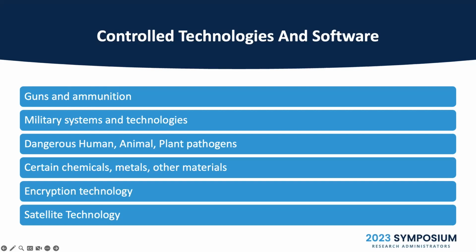So, like I said, you think guns and ammunition, military systems and technologies, dangerous human, animal, and plant pathogens. I really want to highlight that under the animal, plant, and human pathogens portion, this is not DURC. This is not related to DURC at all. This is a much larger list of biological materials and pharmaceuticals that are covered under both the ITAR and the EAR.